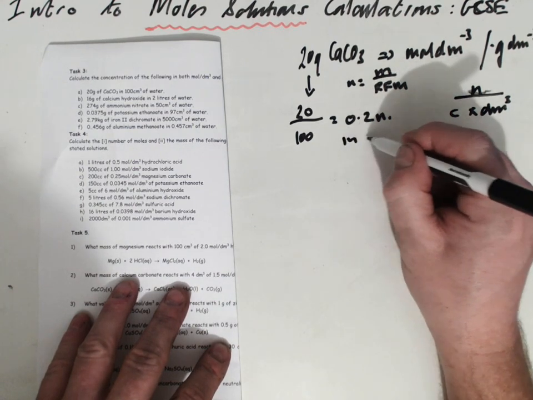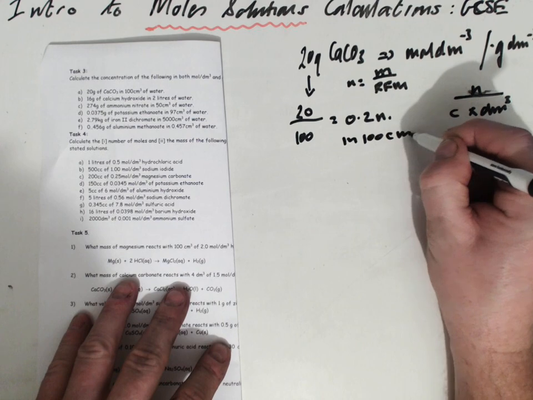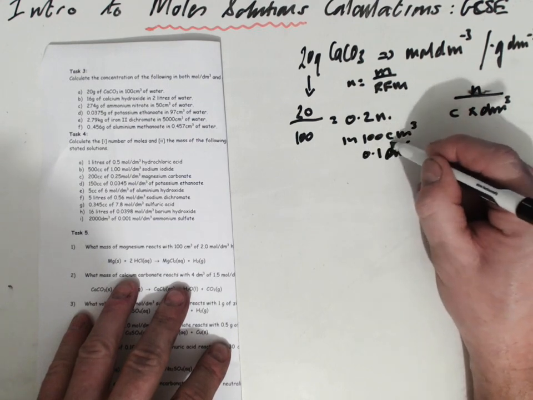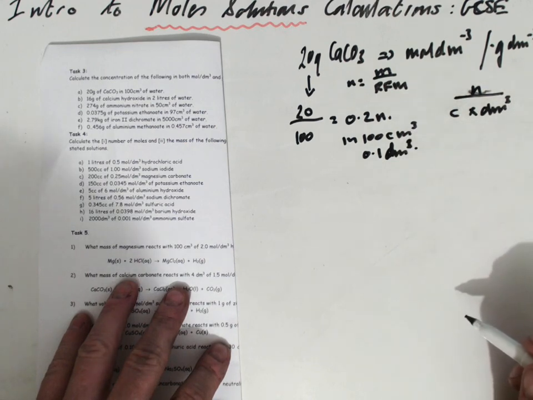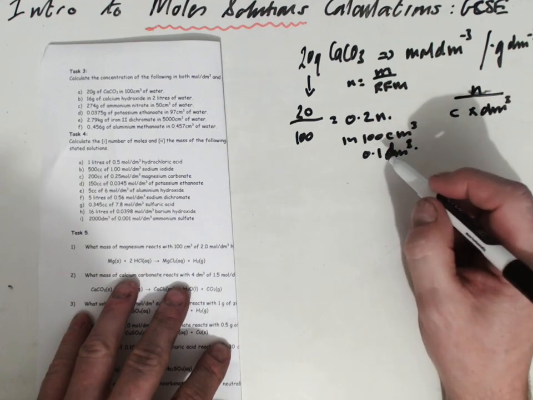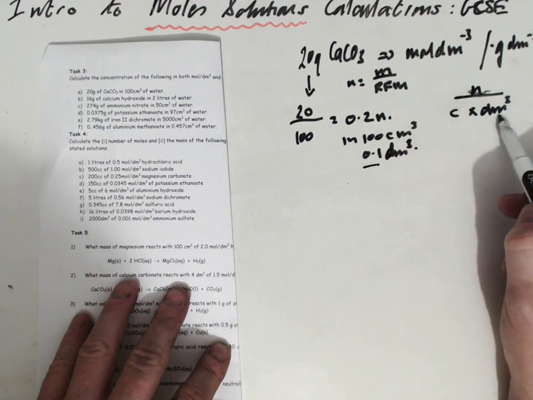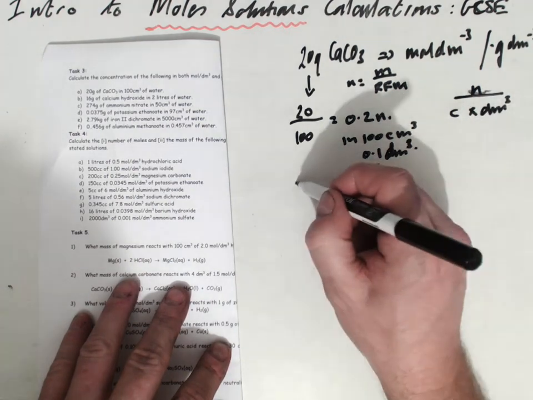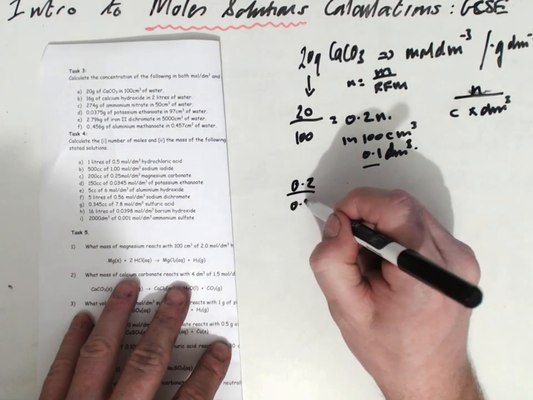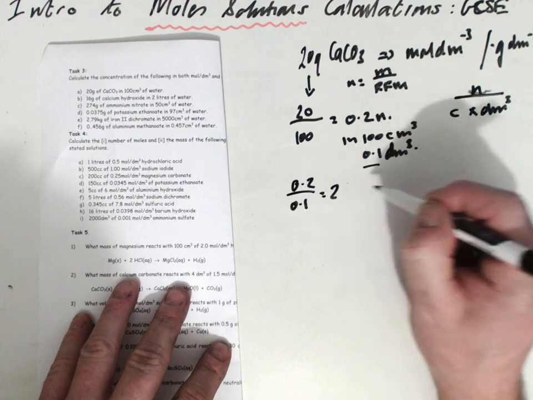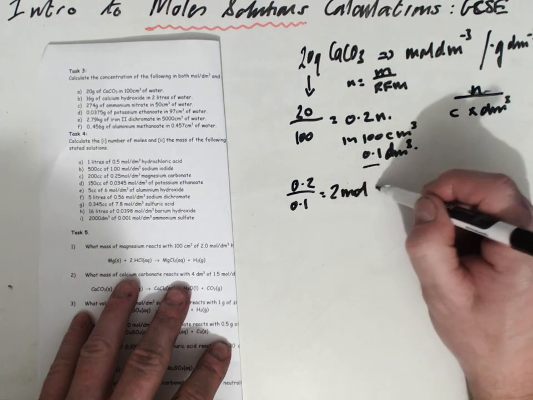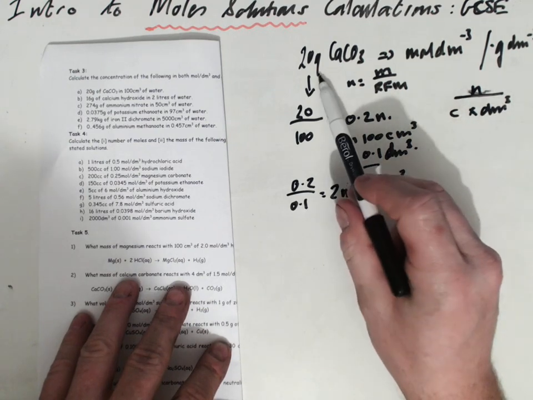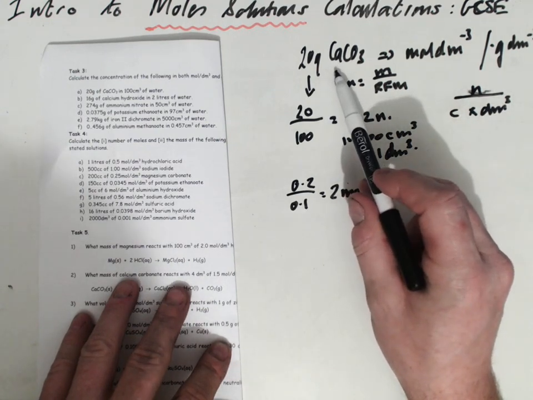This is 100 cubic centimeters, and divided by 1,000 that is 0.1 decimeters cubed. So now we've got everything we need: the volume in decimeters cubed, and the moles, 0.2. So all we've got to do is 0.2 over 0.1, which equals 2. Our units are moles per decimeter cubed. So the concentration of 20 grams of calcium carbonate dissolved in 100 cubic centimeters of water is 2 moles per decimeter cubed.